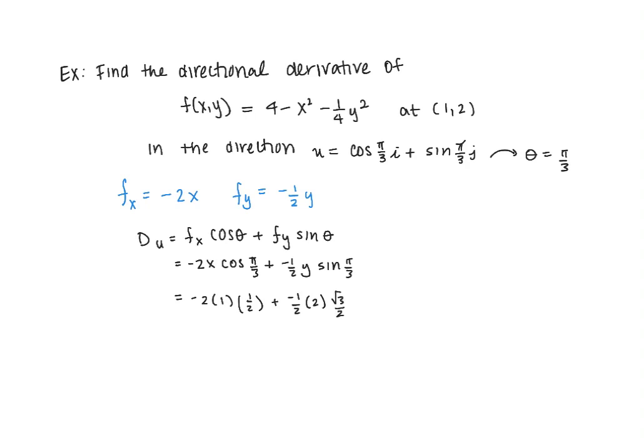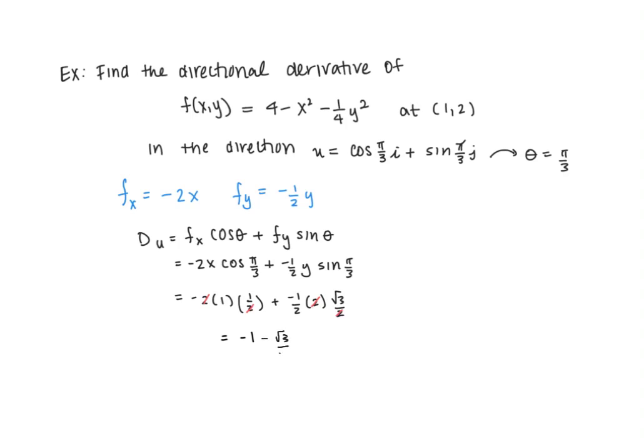We'll do a little bit of algebra and simplifying here. These 2's will cancel, so I'm just left with negative 1. And then we've also got some more 2's that cancel, this 2 and this 2. So then I've got minus root 3 over 2.